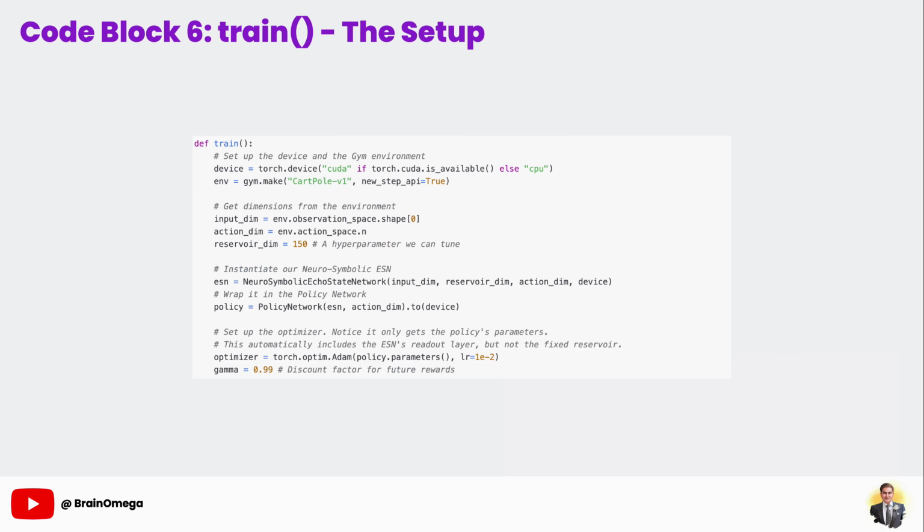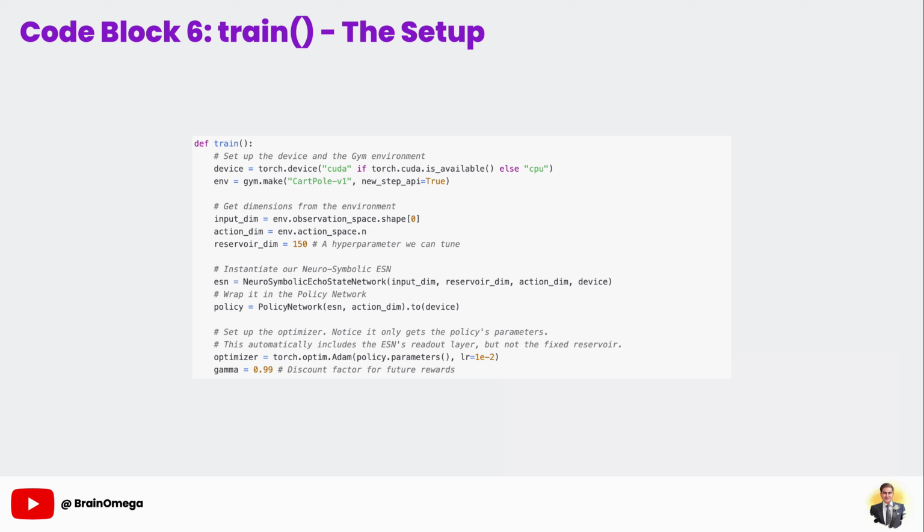All right, it's time to bring everything together in our main train function. This is where we set up the entire reinforcement learning experiment. First, we set our device to a GPU if one is available, and we create our CartPole-v1 environment using the gym library. We then get the input_dim and action_dim directly from the environment itself.